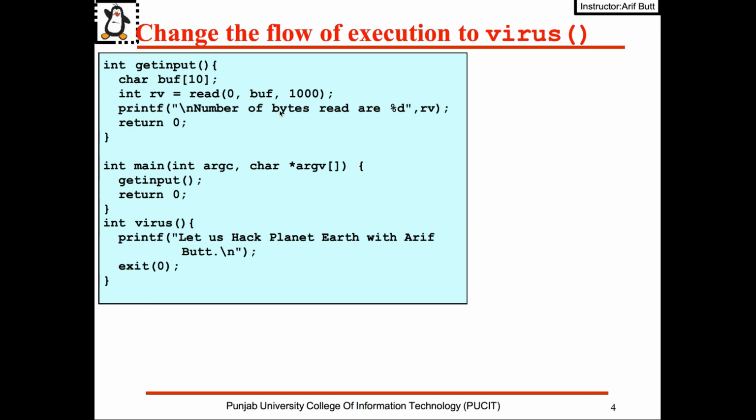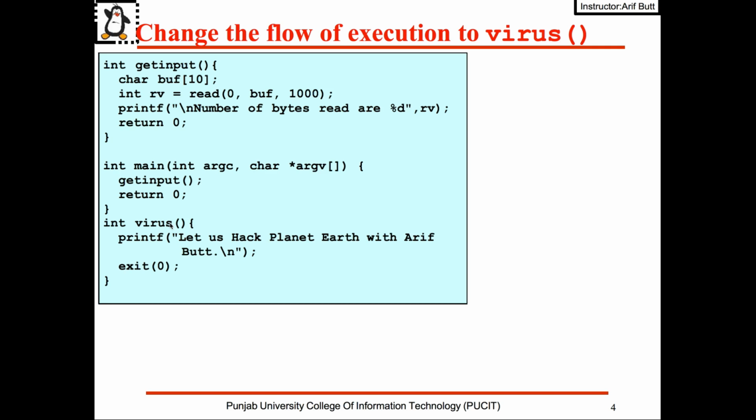Finally, it displays the count of the characters read on standard output, and then this return statement will try to bring the flow of execution back to the next instruction of the main function. One more thing to note in this program is that the function named virus is not being called from anywhere in the program.